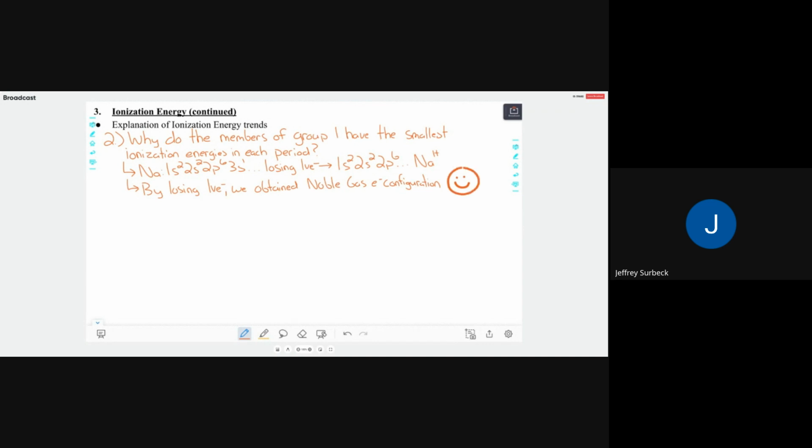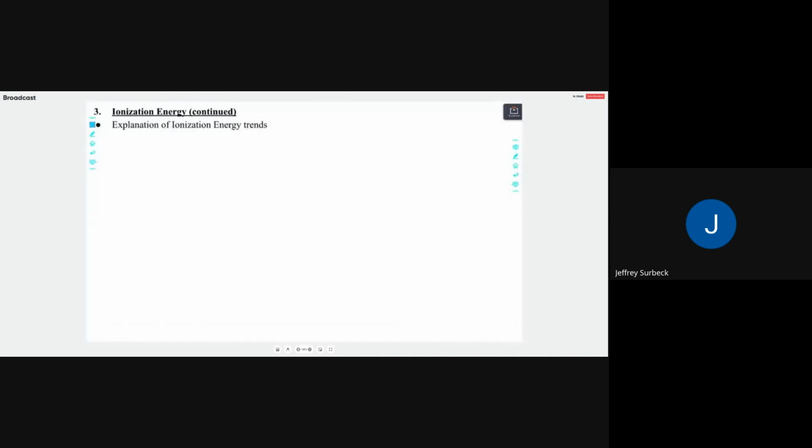Okay. Now, my last point here is this, and I'm going to delete this and make it my last point. Our transition metals, why do they have pretty similar ionization energies? Okay, and so we're going to look again at our electron configuration.